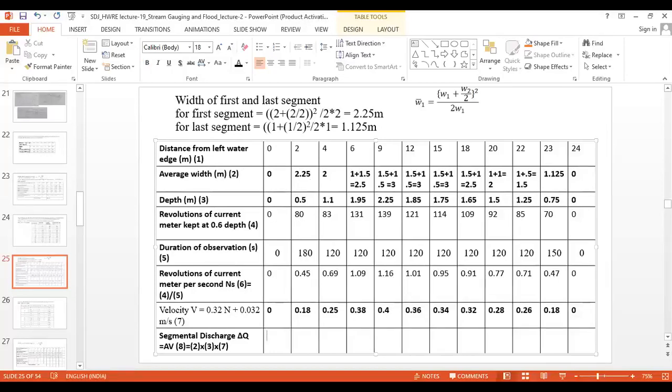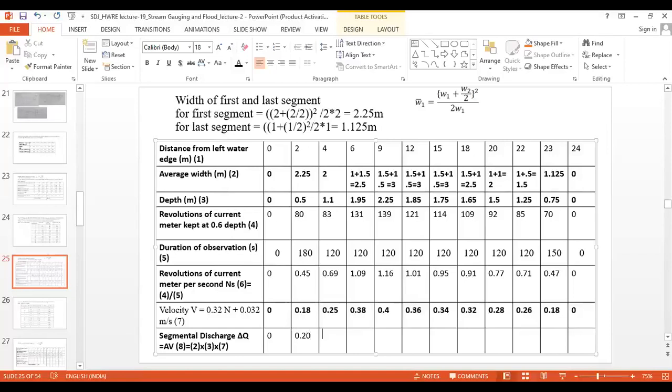Are the velocity calculations correct? Yes sir. Okay, then go for the discharge, area into velocity. First will be 2.25, that is average width, into depth 0.5, into velocity 0.18, that is 0.20.